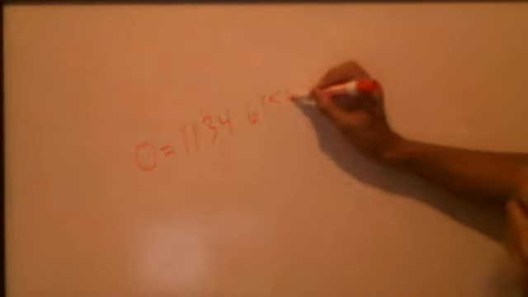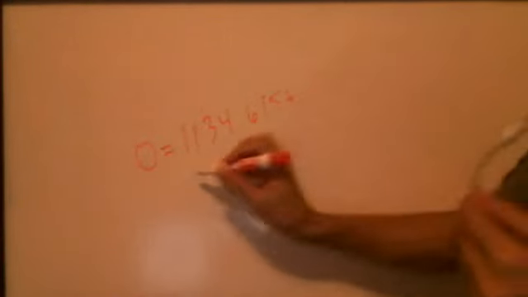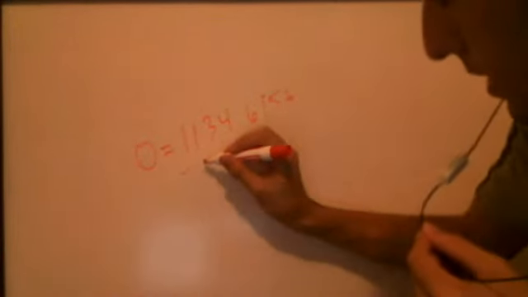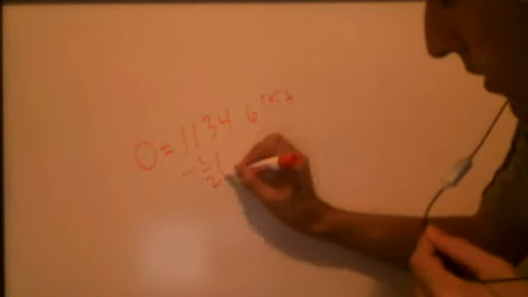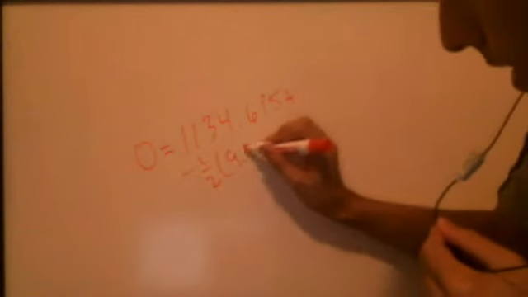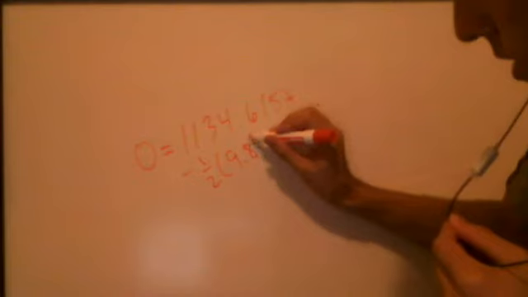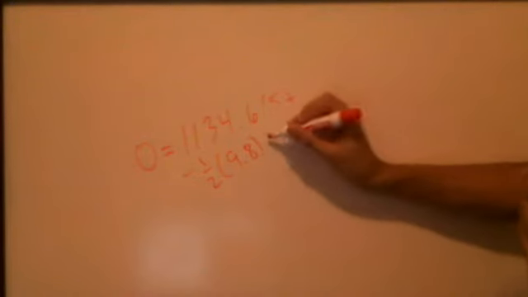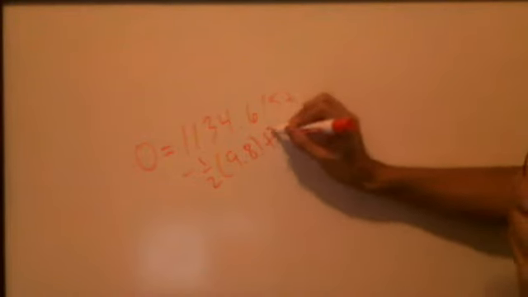10.65. That's a rounded number, that's not exact. Times time minus 1/2 9.8. That's meters per second for gravity times time squared.